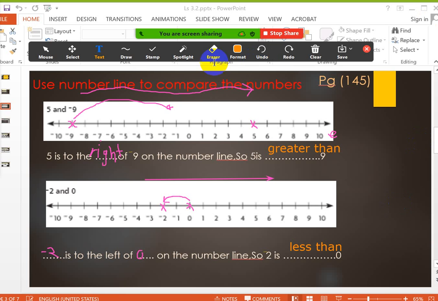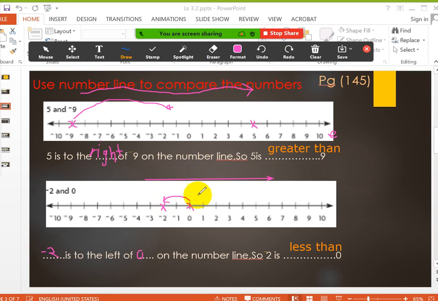Okay, I will repeat again. Okay, girls? When I want to compare between two integers, the easiest way for you is to use a number line. Always I want you to use a number line when you want to compare between two integers. So I have to locate the numbers on the number line, then I will decide which one is the greater.